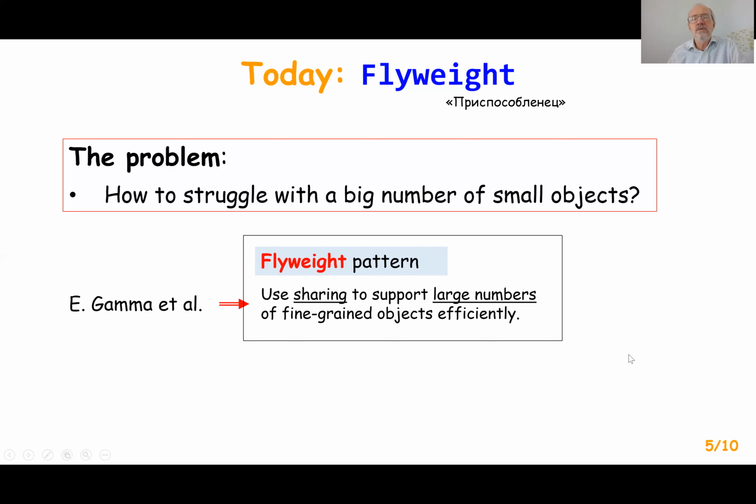He writes, use sharing to support large numbers of fine-grained objects efficiently. In my opinion, this is a very unclear explanation. This is just a formal answer, a formal description of the pattern. To be honest, I'm not happy about it.